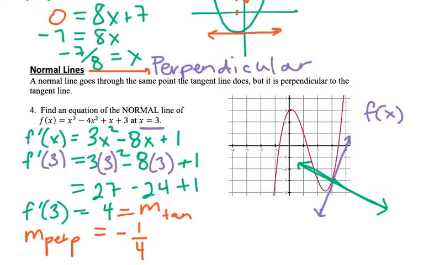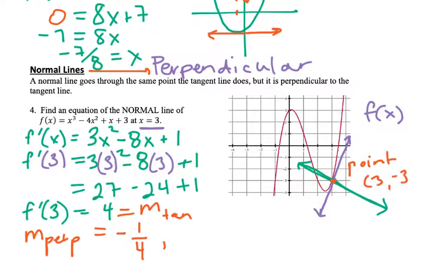But just like for a tangent line, for a normal or perpendicular line, you need a point in addition to the slope. So luckily we have a graph here, and we can see where that point is. It's at 3, negative 3. So I'm going to write 3, negative 3.